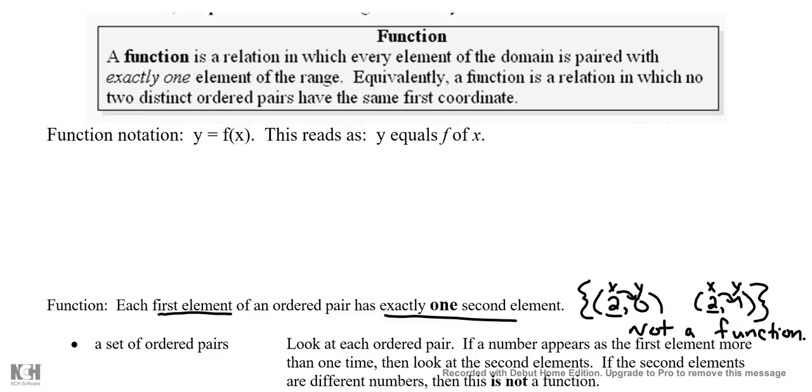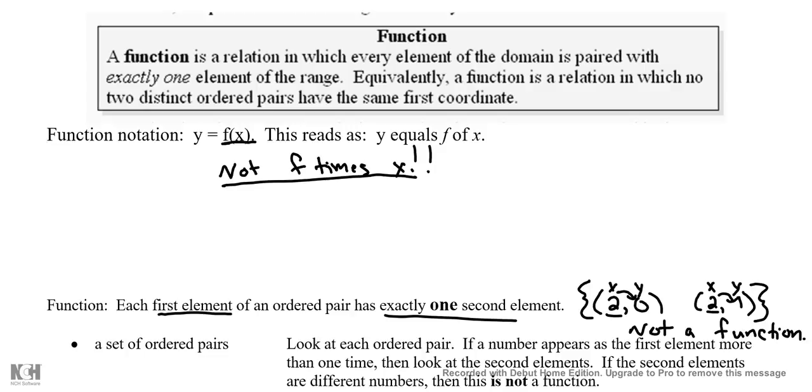Function notation, we see when we're writing the equations of functions, it's read y equals f of x, not f times x. Many people make that mistake, but that's an important one to remember. This does not mean f times x.